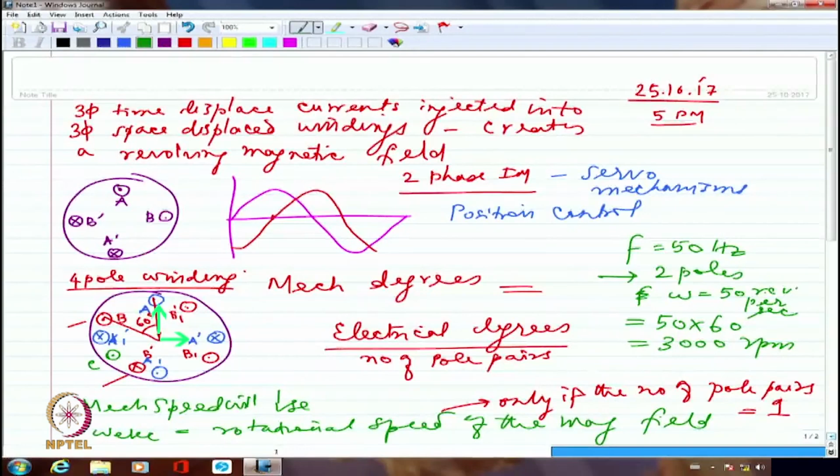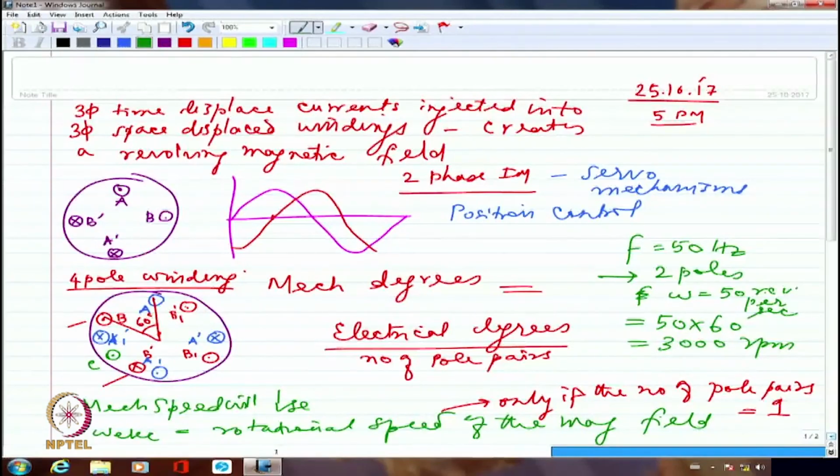Half the electrical oscillation corresponds to, let's say, 10 millisecond in a 50 Hertz cycle. So, in 10 millisecond, my revolving magnetic field would have moved only from here to here. Nothing more than that. But if it had been a 2-pole configuration only, then it would have moved all the way from here to here.